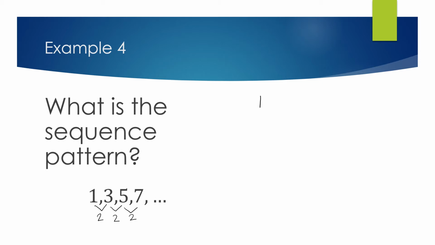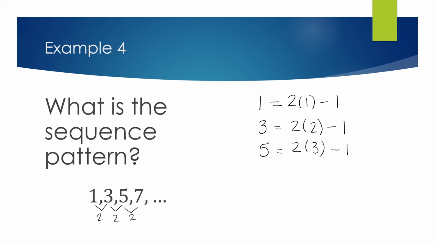So 1 is equal to 2 times 1 minus 1. 3 is equal to 2 times 2 minus 1. 5 is equal to 2 times 3 minus 1. 7 is equal to 2 times 4 minus 1.